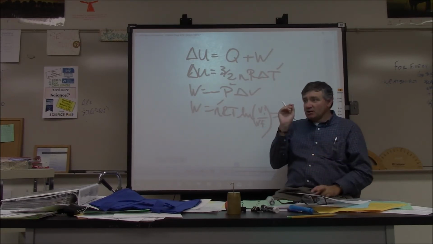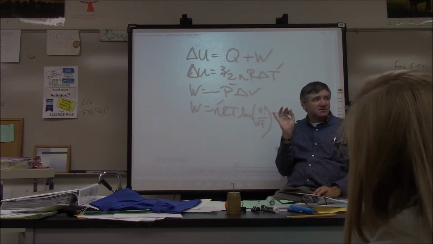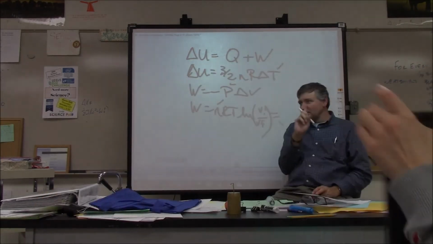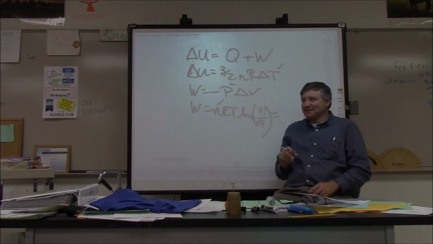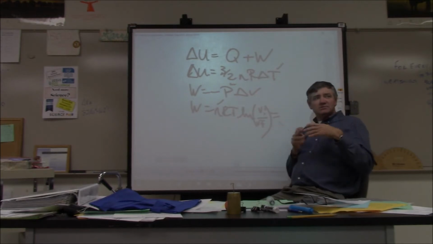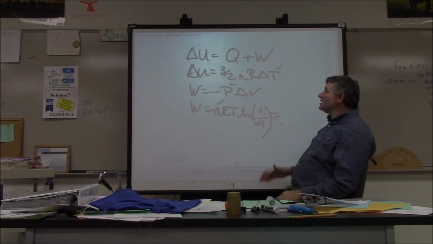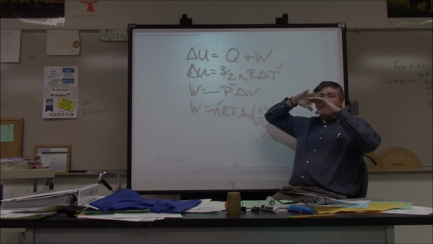It isn't like we can put a GPS tracking unit on an individual oxygen molecule and track it as it goes through this system. Can't, not even on a dare. But what we do is we look at, on average, what's happening with these systems. So this delta U is going to be the total system.